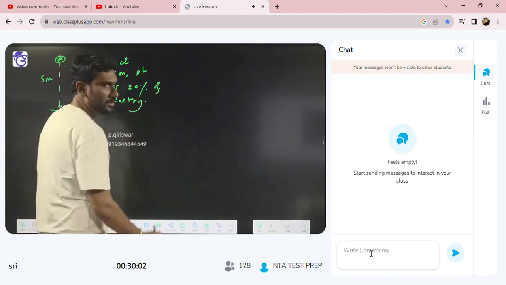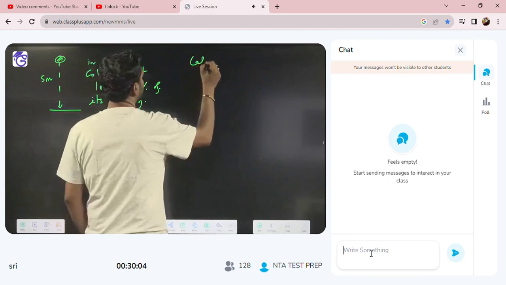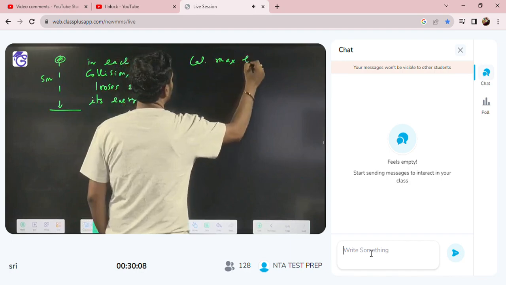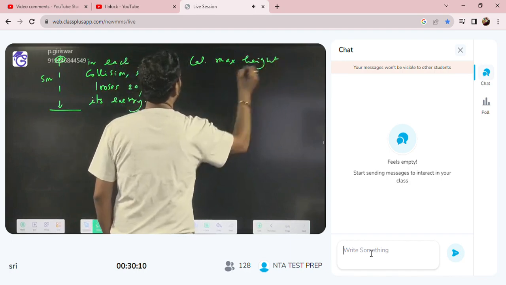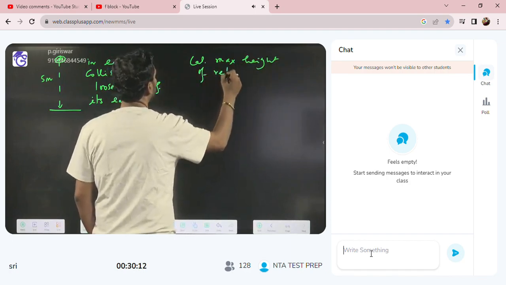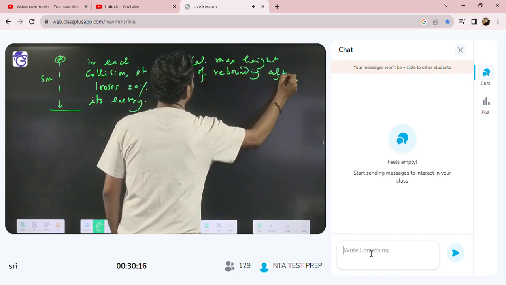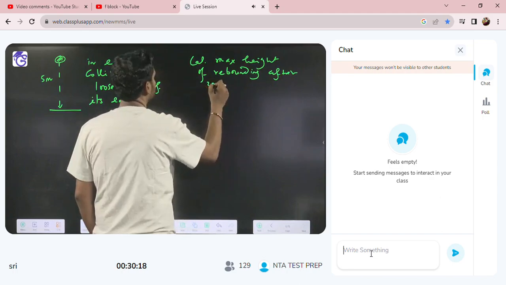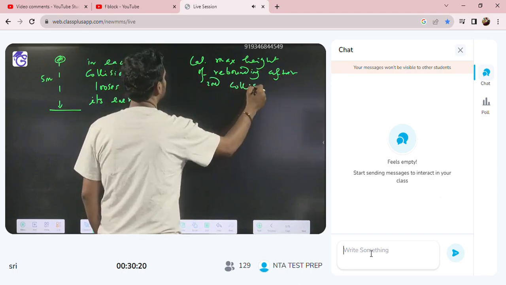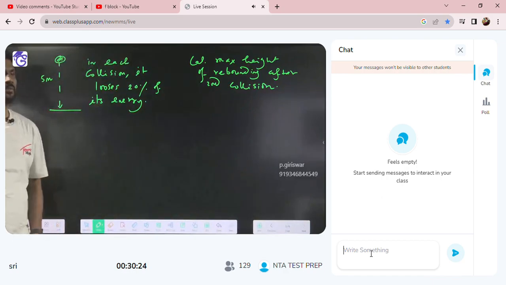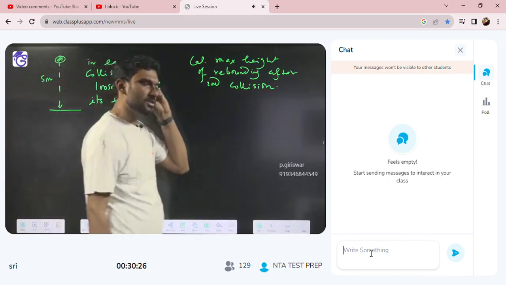Okay, calculate max height of rebounding after second collision. Calculate max height of rebounding after second collision.